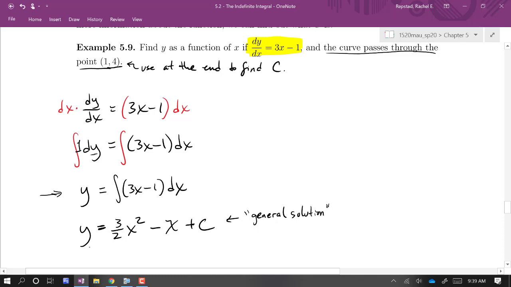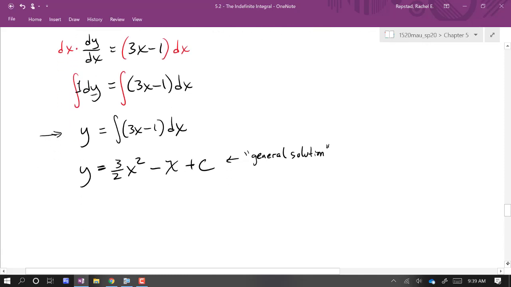And this is a family of functions. There are infinitely many functions here, depending on whatever that value of c is. But now we're going to use that extra bit of information and find c. So we're going to plug in x equals 1, y equals 4.